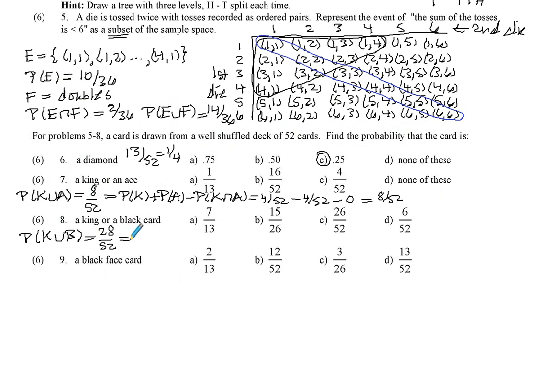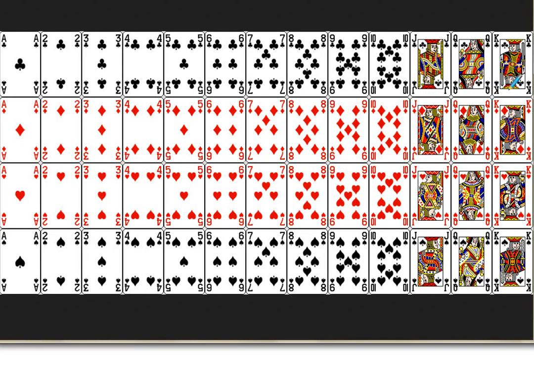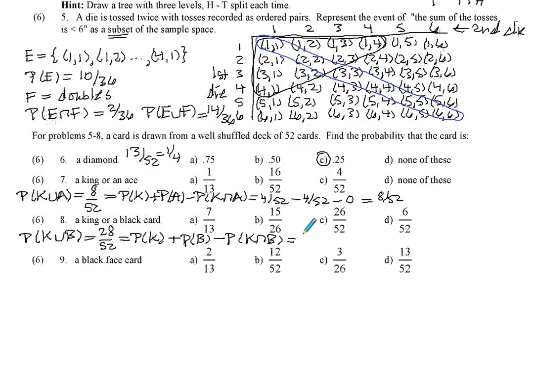Now the other way to do that is to say, this is the probability that it's a king plus the probability that it's a black card, and then subtract out the probability that it's in the overlap, that it's king and black, so a black king. Probability it's a king, there are 4 kings out of 52 cards, so 4 out of 52.